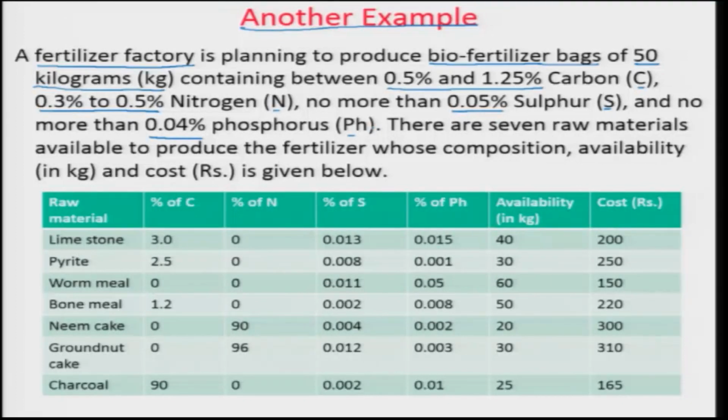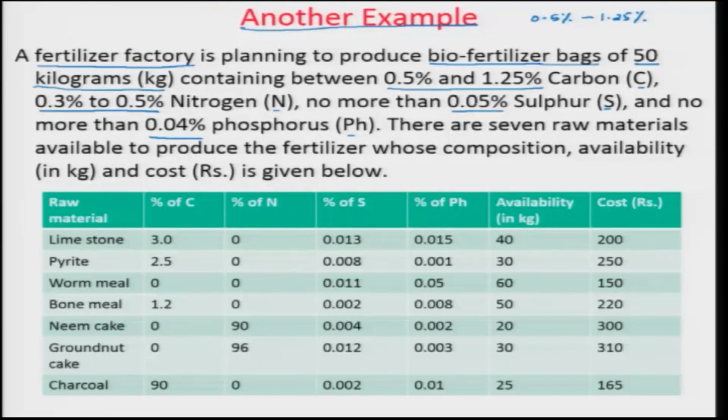So when you say between 0.5 and 1.25%, that means it is 0.5% to 1.25%. That's what we are talking about. In this case, this is an interval.